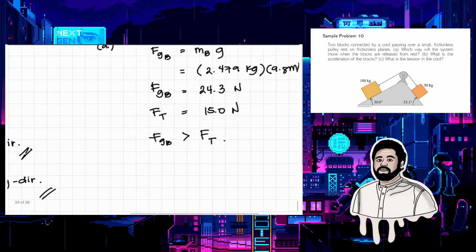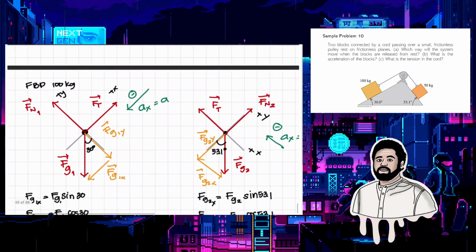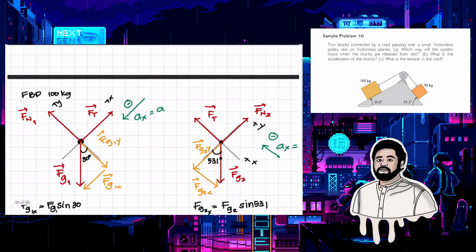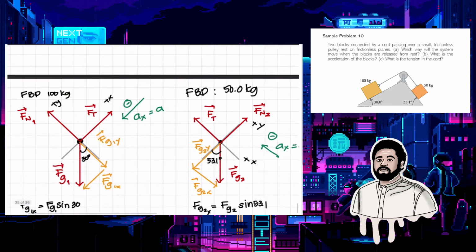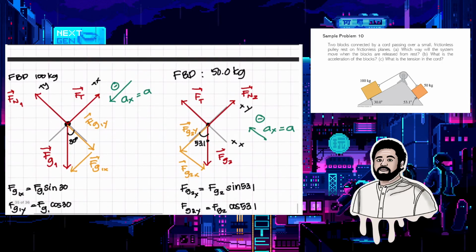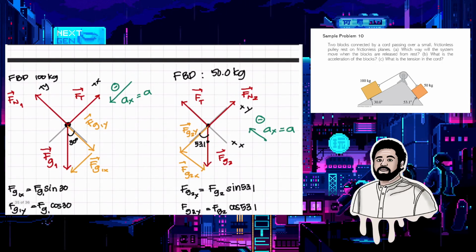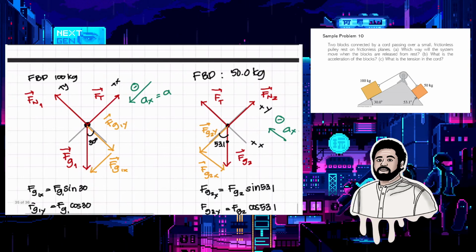Okay? So, free body diagram. You have here two free body diagrams. I have the FBD of the 100 kilogram block, and then I have the FBD of the 50 kilogram block. For the 100 kilogram block, I have the normal force, and then I have the pull of gravity, or the weight.